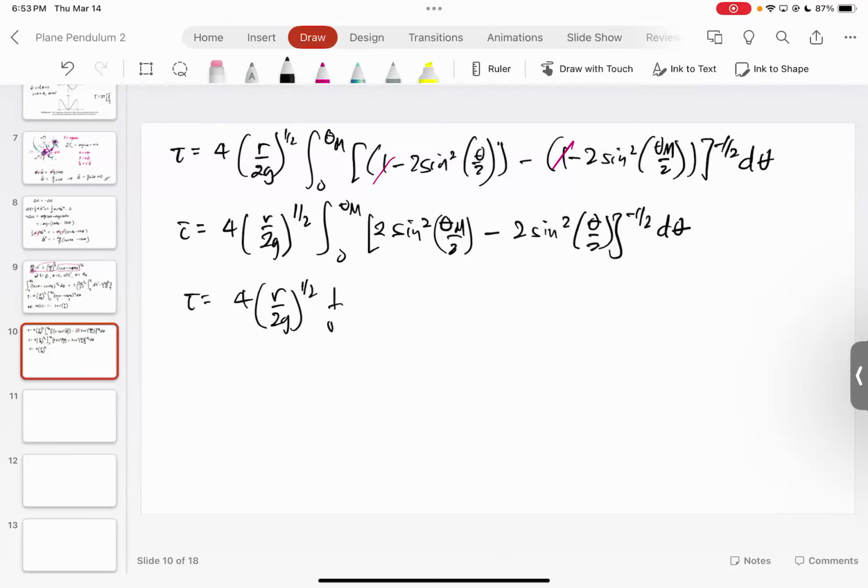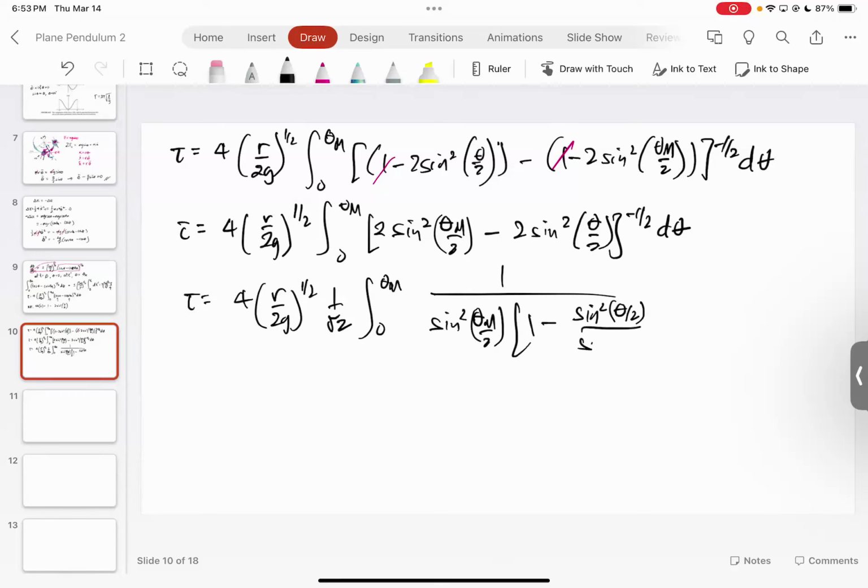So we have 1 over square root of 2, integral from 0 to theta sub m, then 1 minus sine squared theta over 2 over sine squared theta sub m over 2, then the d theta on top, under a square root. And since the square root of sine squared theta sub m over 2 comes out as a constant.